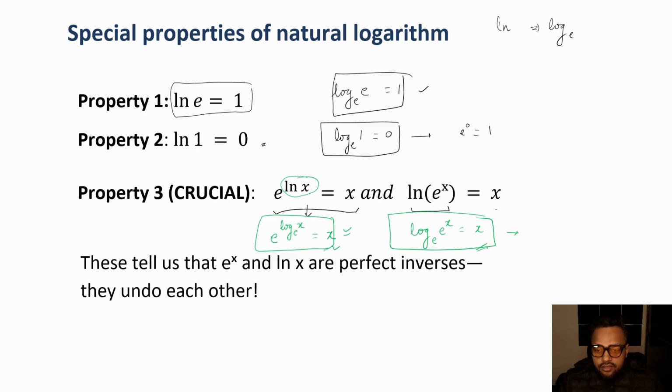Okay, this we have already discussed. This is the power law kind of. So you can see from here that e raised to the power x and ln x are perfect inverses. They undo each other. This we have already discussed here. You can see from here that e raised to the power x and log x base e are the same.